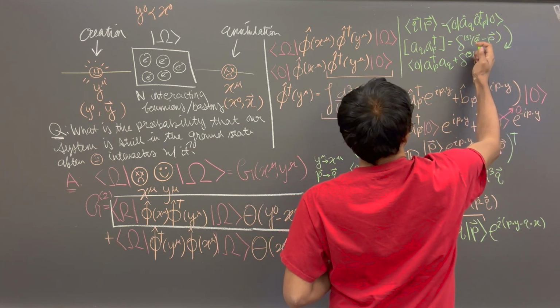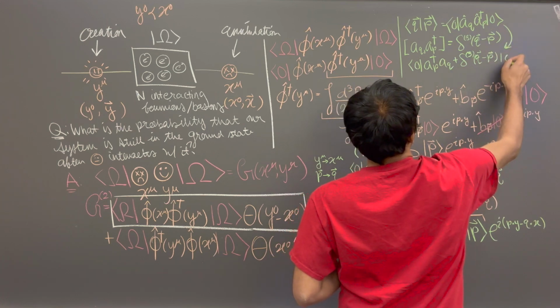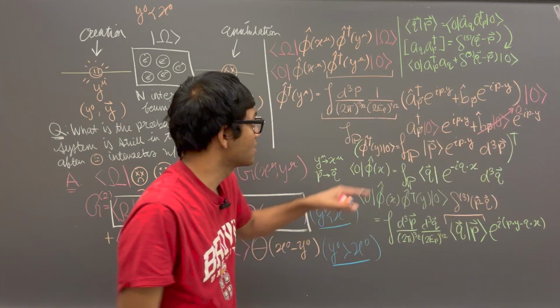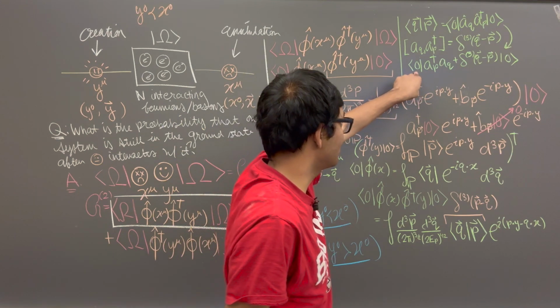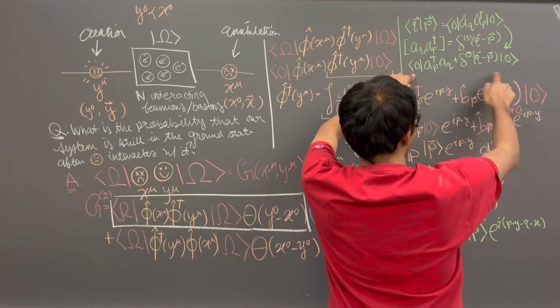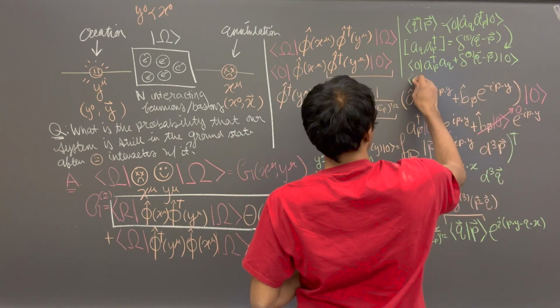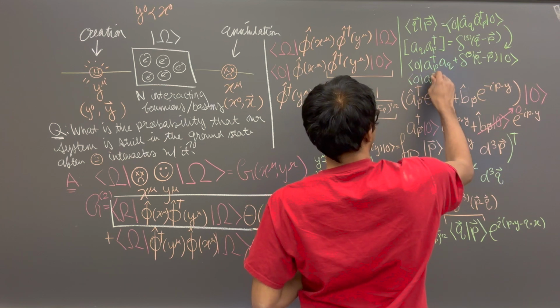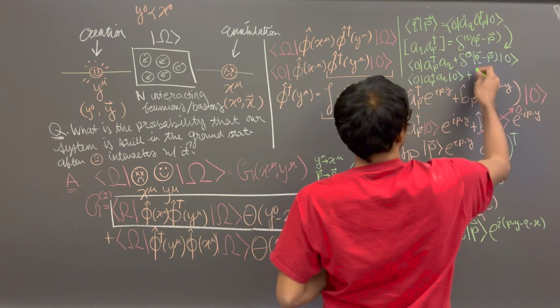This should be q minus p. But now take a look. If this creation acts backwards on the vacuum, that gives us 0. And if a_q acts forwards on the vacuum, that gives us 0. So this inner product right here of a_p† a_q on the vacuum states, that's going to be 0.